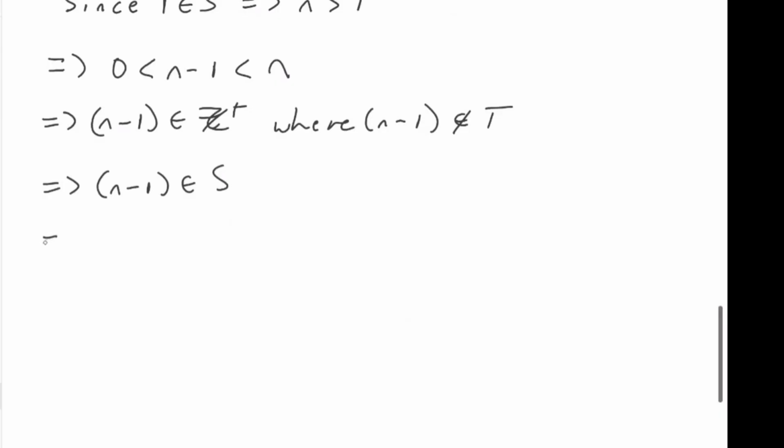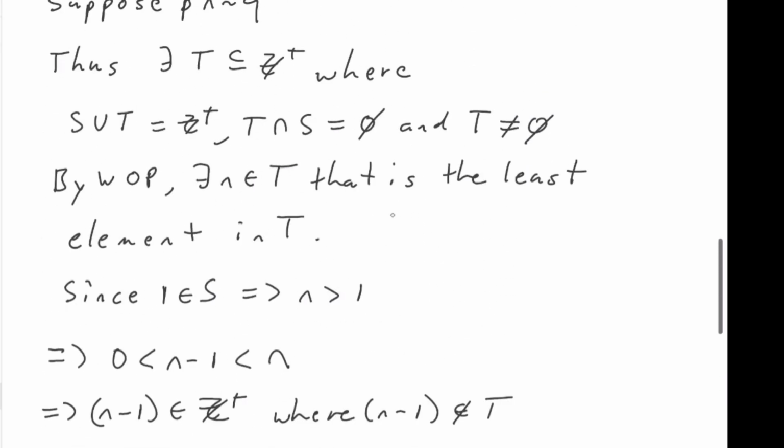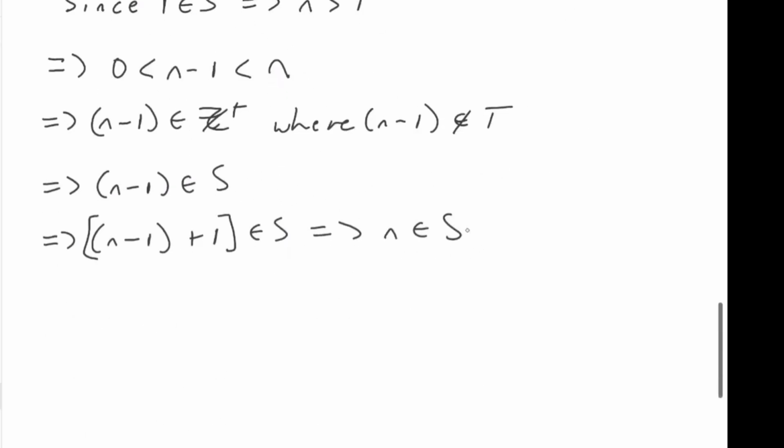So this implies that n minus 1 plus 1 is an element of S. And of course, n minus 1 plus 1 is just n. So this means that n is an element of S. Well, we started with n being an element of T and n being an element of S. So this means that S intersection T is not empty.